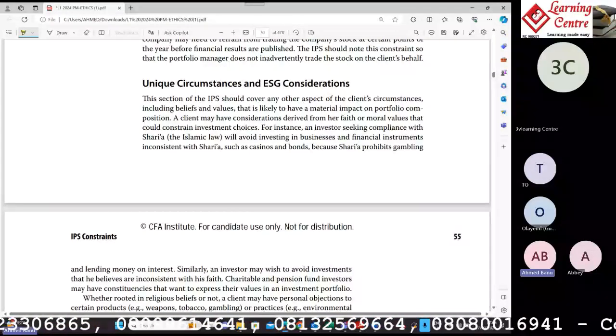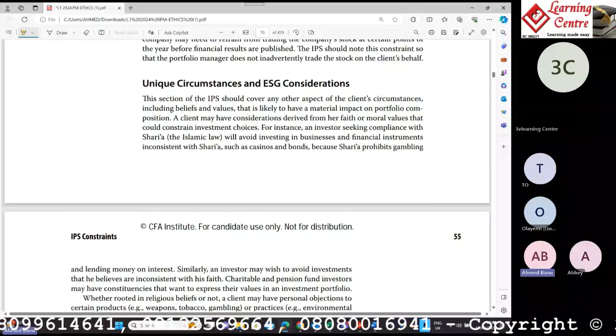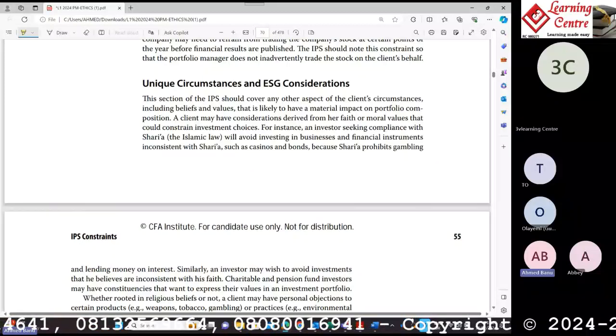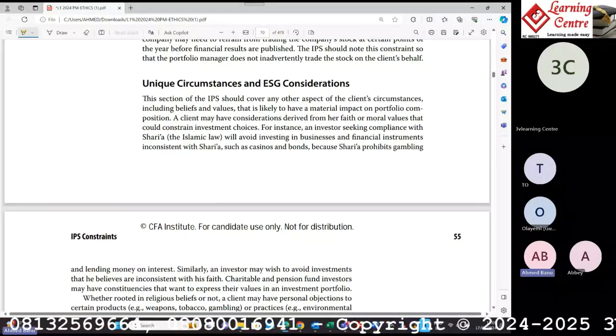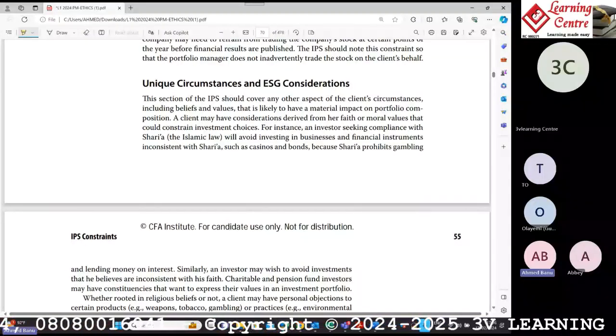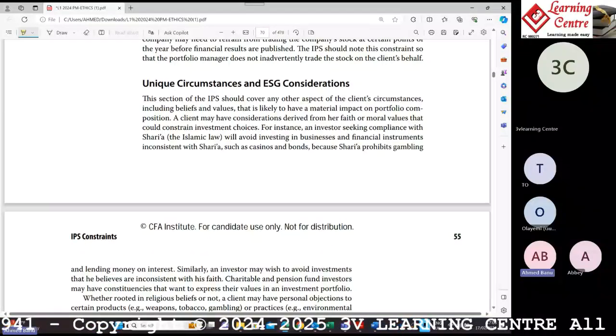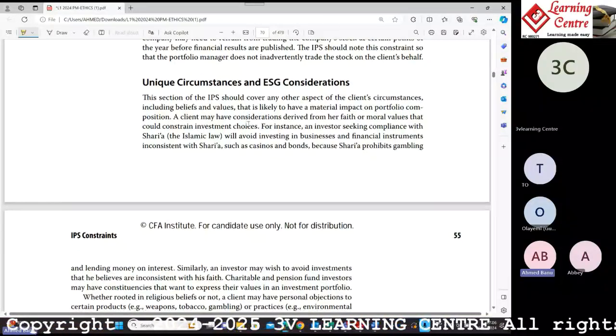So I need to make investments that are outside the oil and gas. That's for me diversifying my life. All my life has been in oil and gas, but now I want to have exposure to other aspects of the market. So that is another unique circumstance, and these things happen day in and day out.